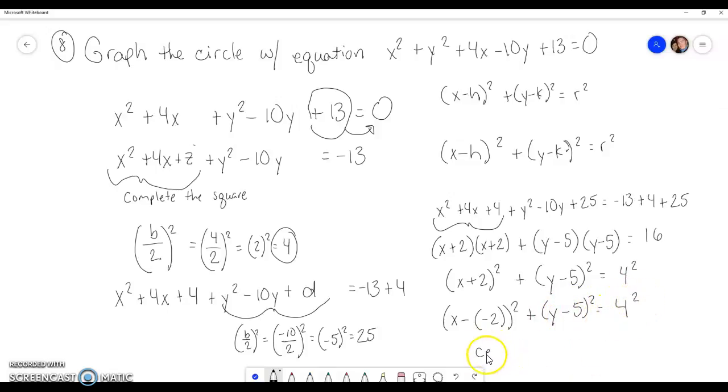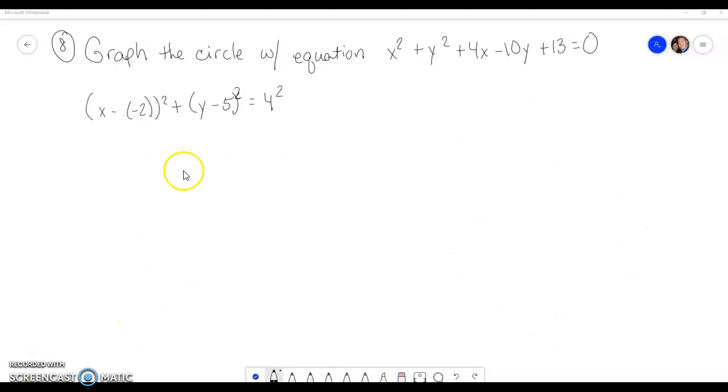So my center is the point negative 2, 5, and my radius is equal to 4. Okay, so that's the information I need. Now I'm going to use that to graph it. Remember we are looking to graph this. We completed our square. So again, my center is the point -2, 5, and my radius is 4.